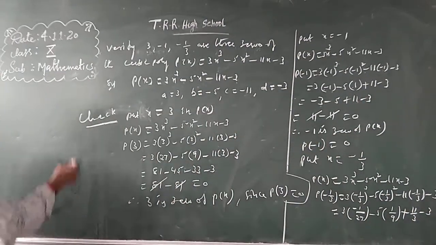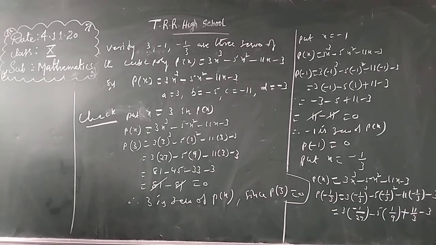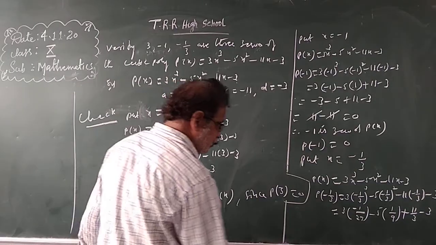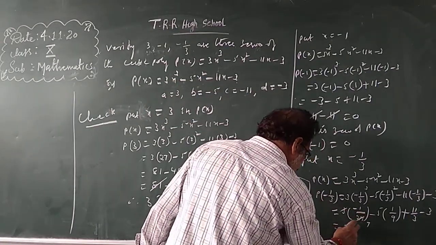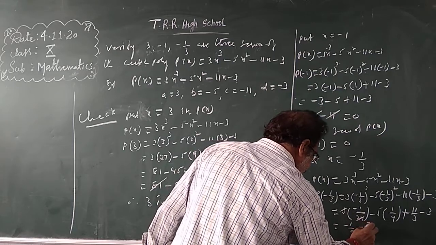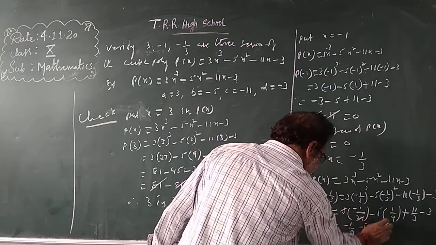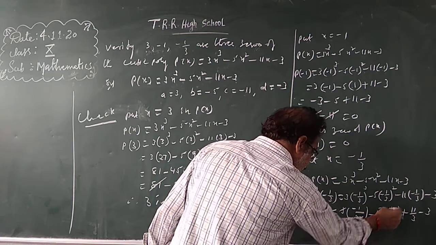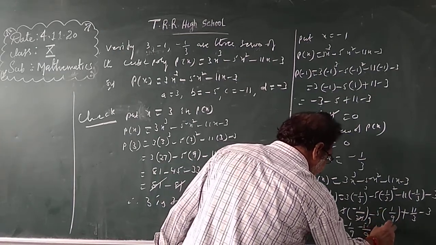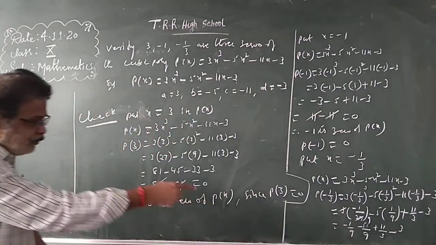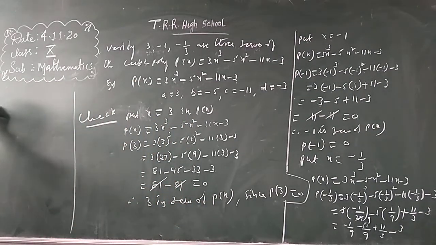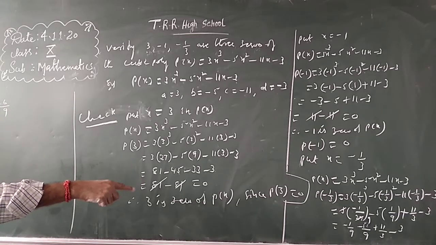Children, here I write: 3 times 1 by 27 is 1 by 9, so minus 1 by 9, minus 5 by 9, plus 11 by 3, minus 3. Minus 1 by 9 minus 5 by 9 are like fractions: minus 6 by 9.